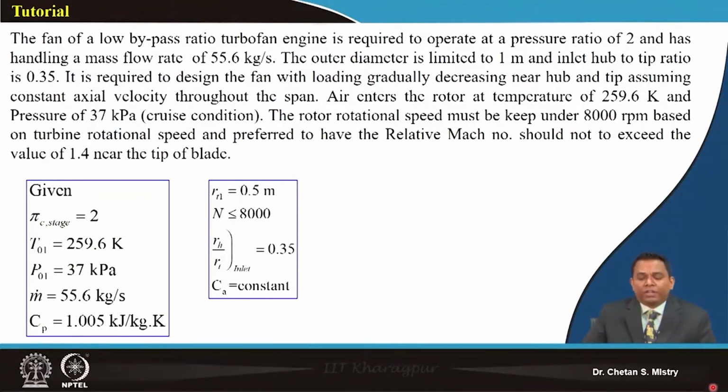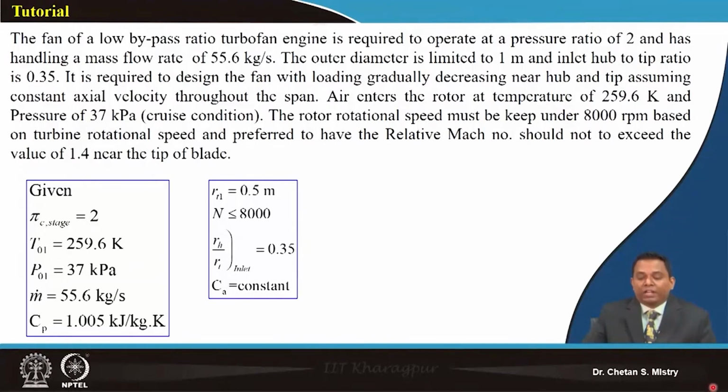The outer diameter is limited to 1 meter and the inlet hub to tip ratio is 0.35. These are the constraints, so we should not exceed a casing diameter of 1 meter, and at the entry the hub to tip ratio is 0.35. It is required to design the fan with loading gradually decreased near the hub and tip region, assuming constant axial velocity throughout the span.